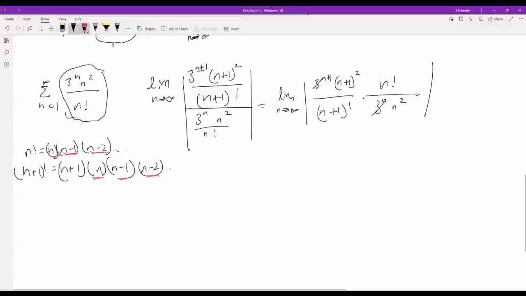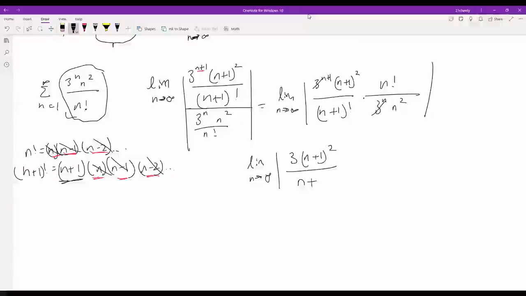So we can see that if we're dividing these, this will cancel, that will cancel, and that will cancel with the respective terms on the bottom, and we're left with just n plus 1. So we can rewrite this as 3 times n plus 1 squared over n plus 1, times n squared.